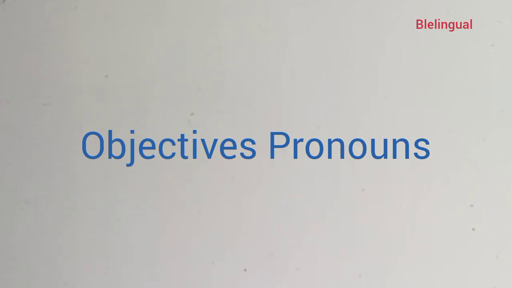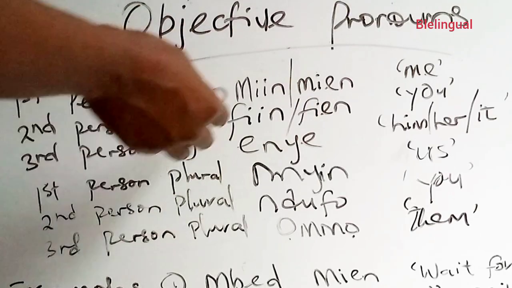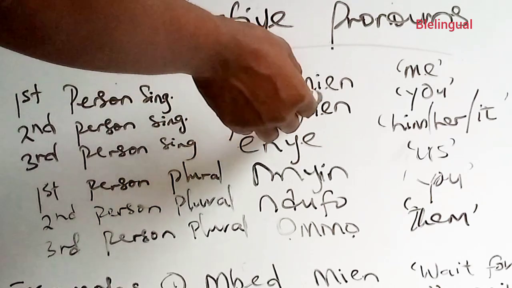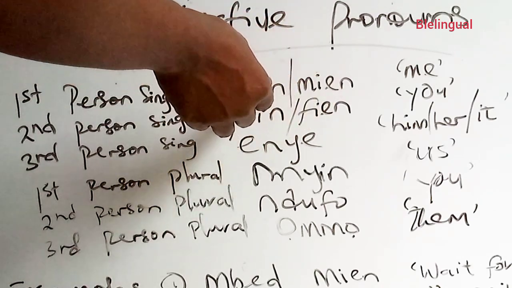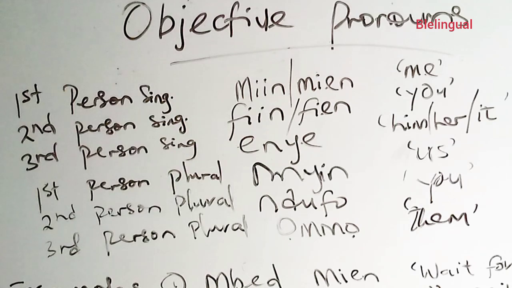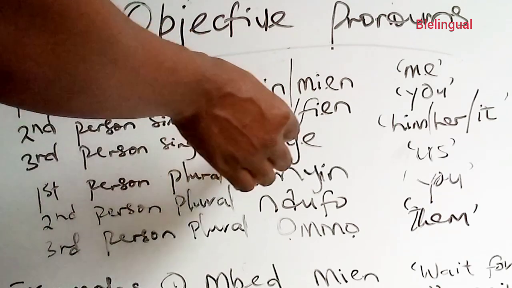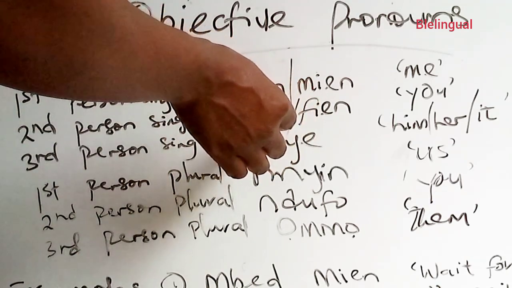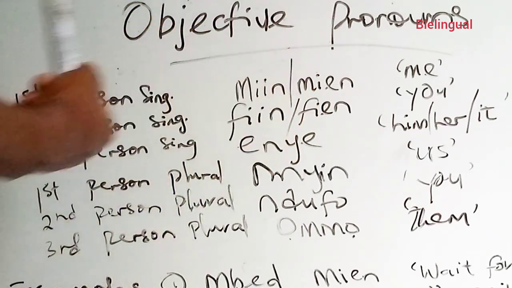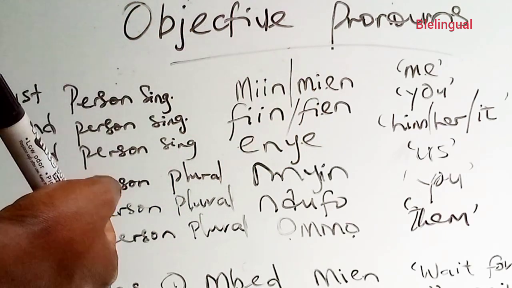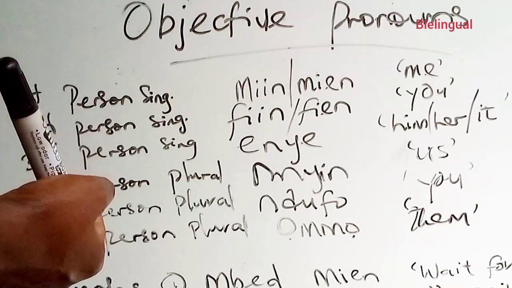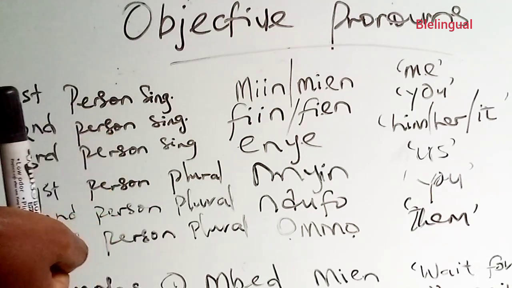Now, we shall briefly take a look at the objective pronouns. We have in the first person singular, mien or mean, that means me. Now, mien is dialectal. Some dialects have mean while others have mien.